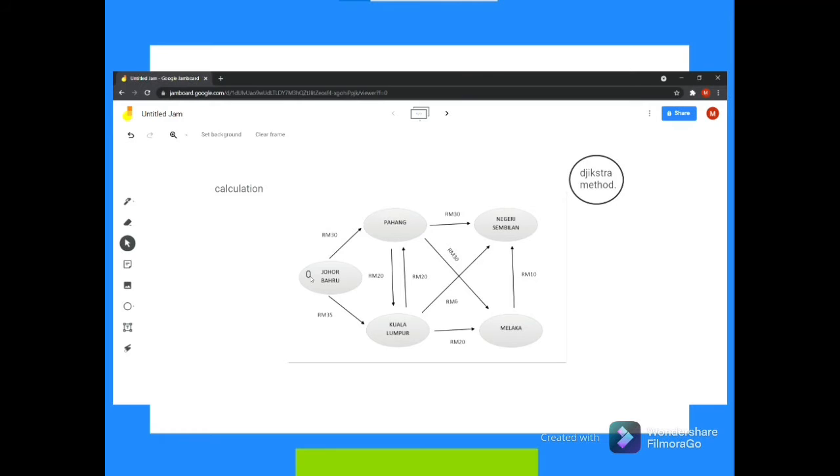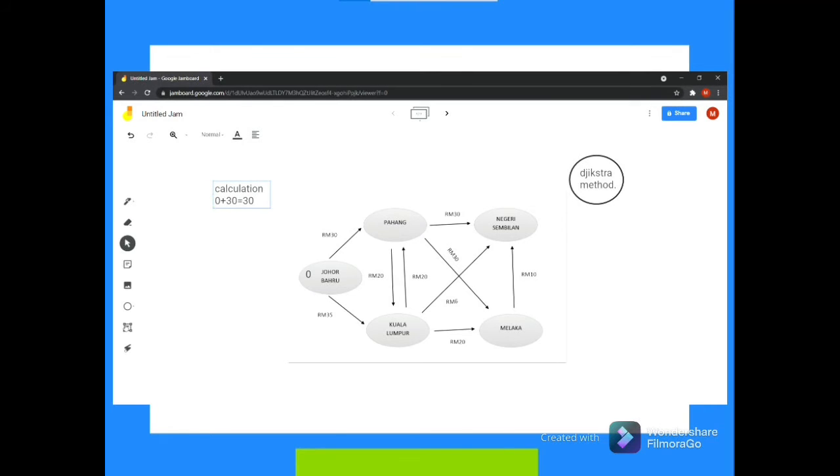Next, we will choose the other vertices near to Johor Bahru, which are Pahang and Kuala Lumpur. So, I will calculate the price for Johor Bahru to Pahang, which is 0 plus 30, equal to 30.